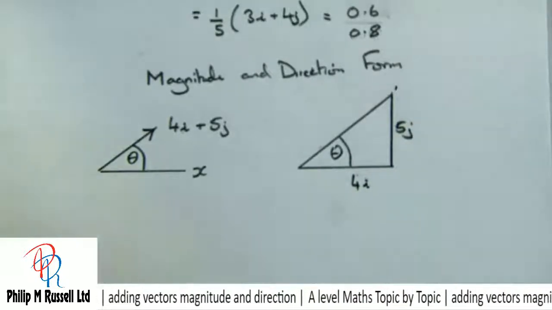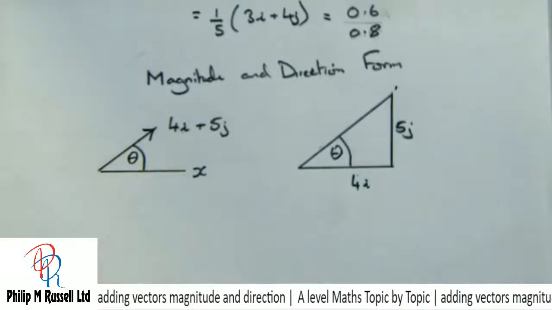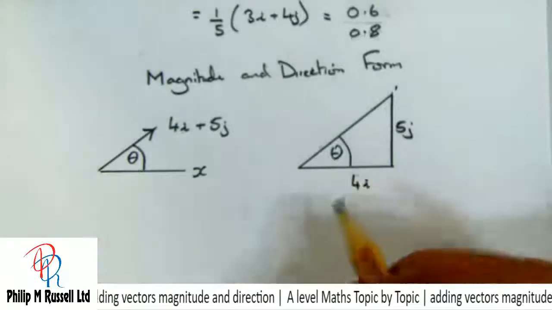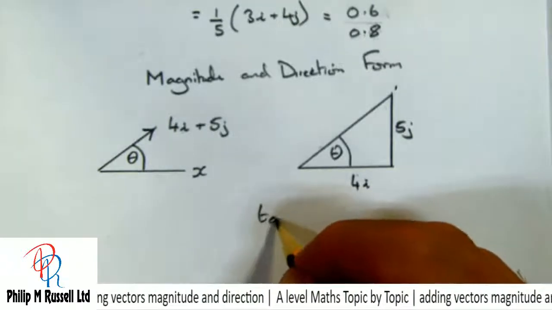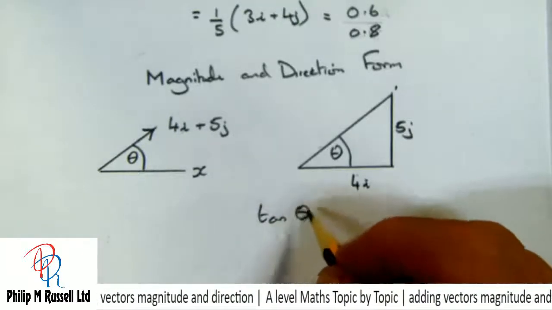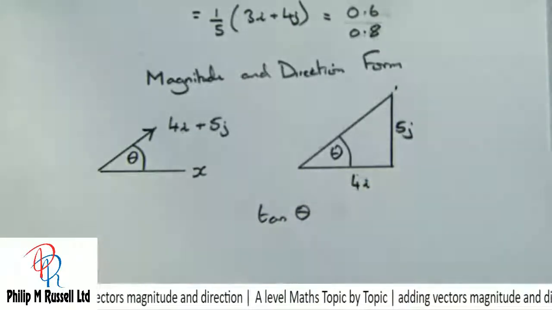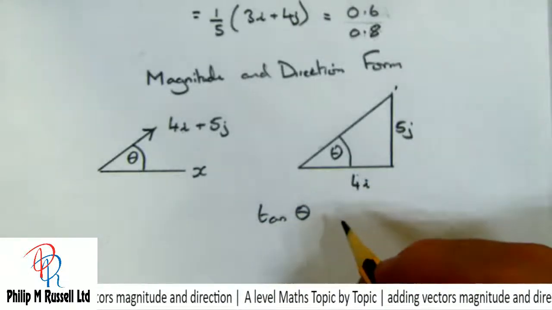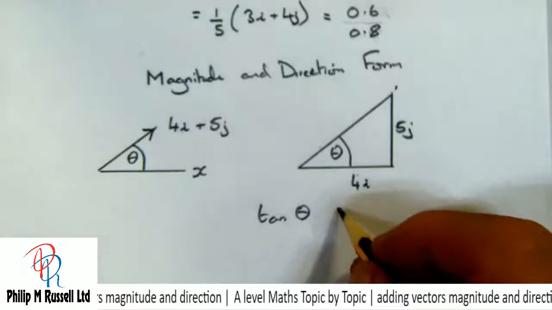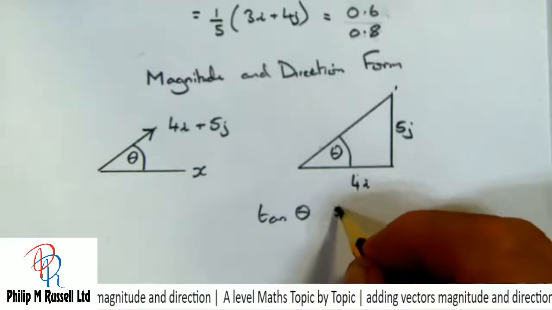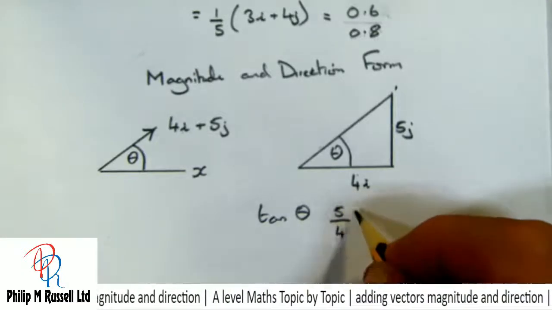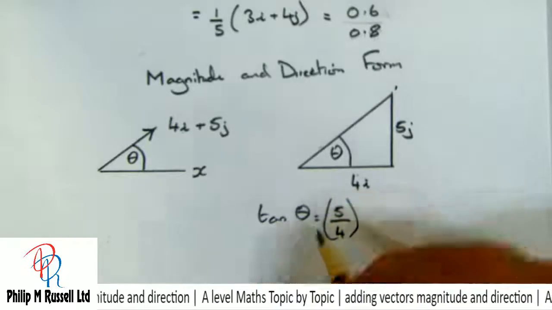This is my 5j. So to work out the angle, this has got to be the tangent of this, which is the opposite over the adjacent, which is going to be this time 5 over 4. I can write that properly this time.